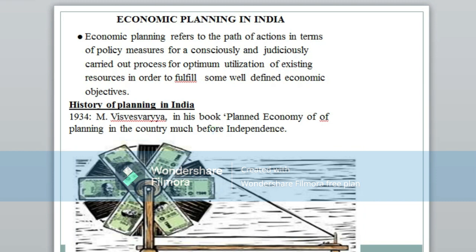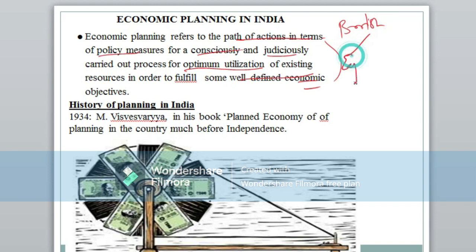Before independence, we will also see there was some sort of planning at different levels. Planning became a path to take certain actions by government bodies for investing money and having policy measures for conscious and judicious use of resources and optimal utilization to fulfill some well defined economic goals.